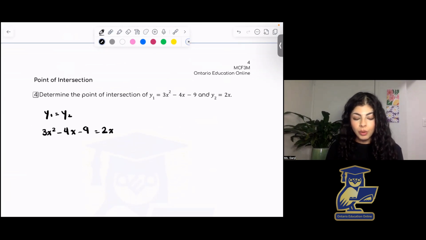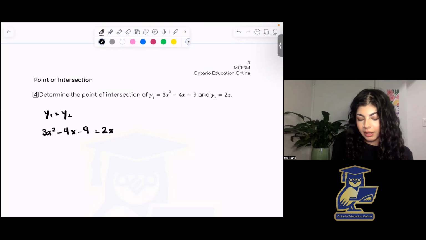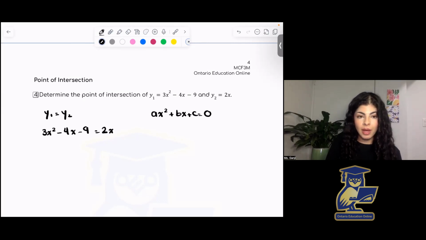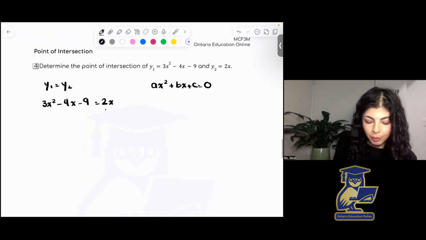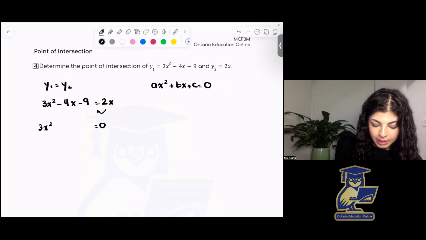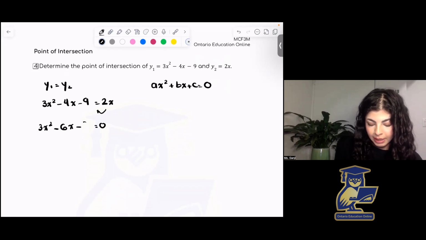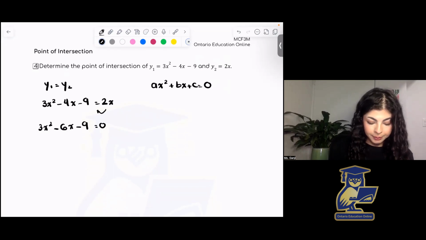To be able to apply the quadratic formula, we need an equation of the form ax squared plus bx plus c equals 0. But I don't have that yet. So I need to move 2x over to get that equality to 0. And doing so gives me 3x squared negative 6x minus 9.